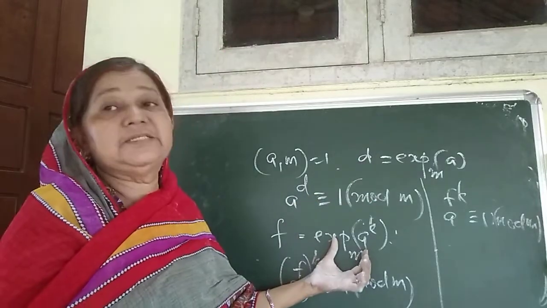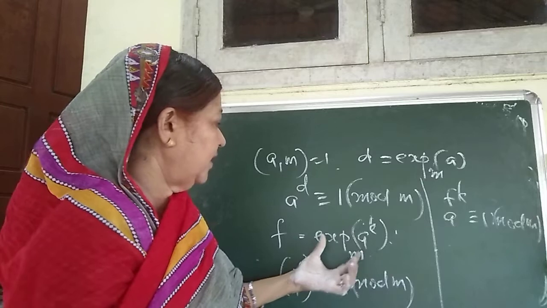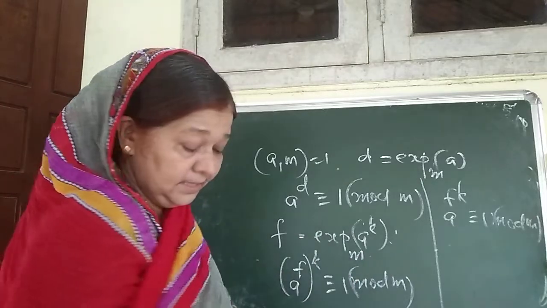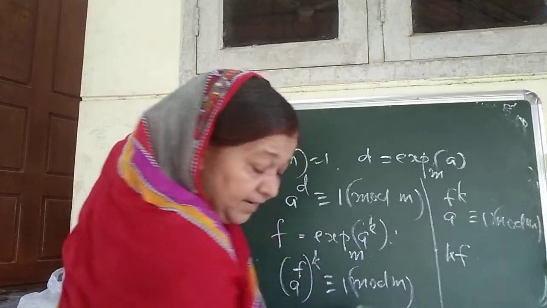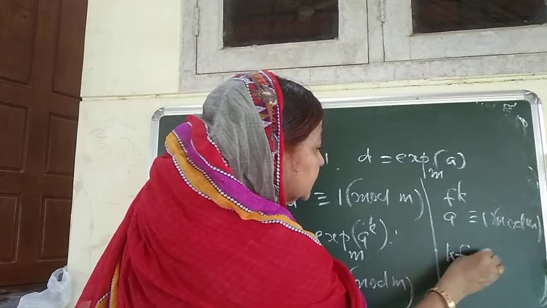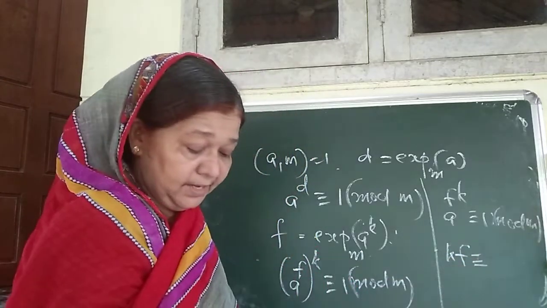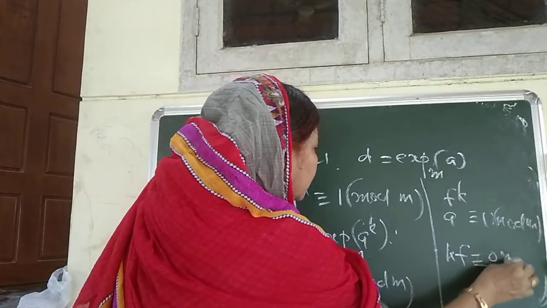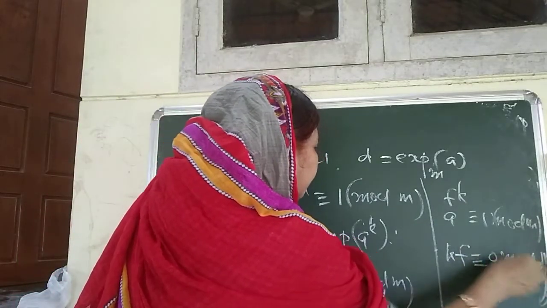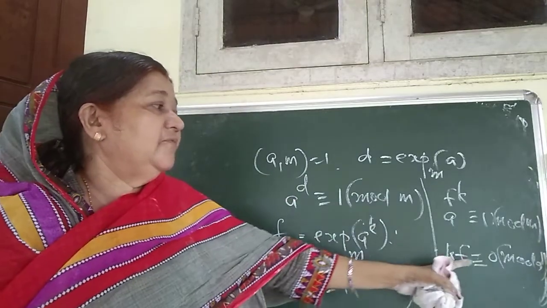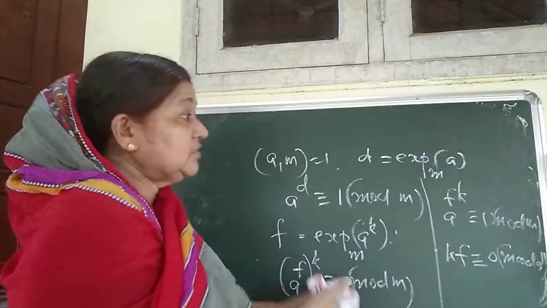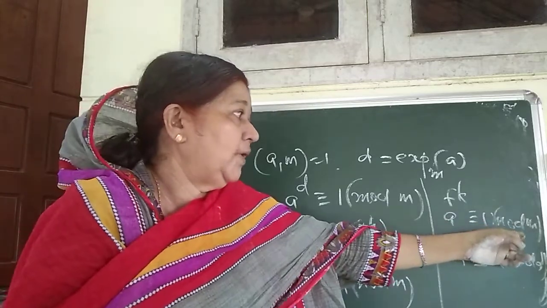Since f is the exponent, by the theorem we have that a raised to kf is congruent to 1 mod m.